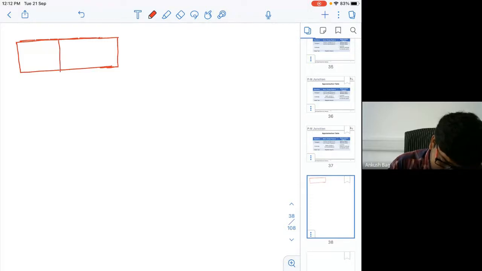Let's say this is the metallurgical junction, the actual junction, and then since this is P plus N, we'll have less depletion region here, higher depletion region here. So this is your p-n junction.